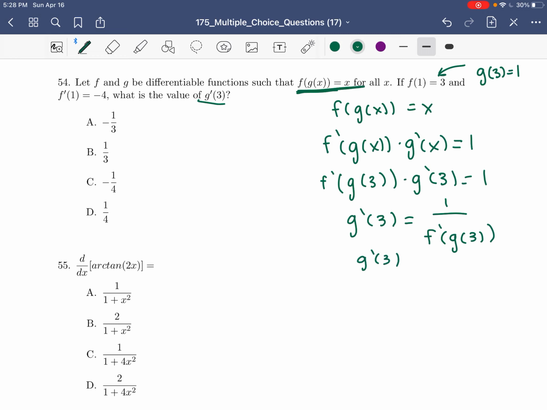So really, g prime of 3 equals 1 over f prime of g of 3. And then luckily they tell us f prime of 1 equals -4, so this is just going to equal -1/4, or C.